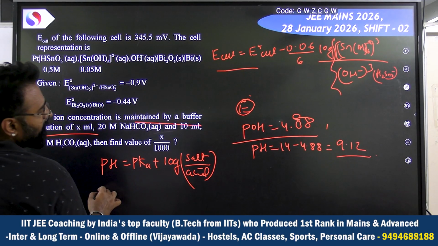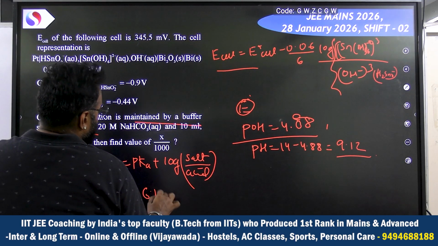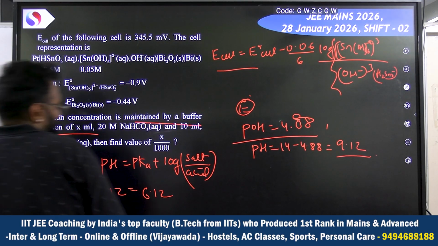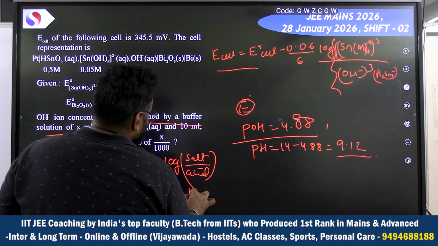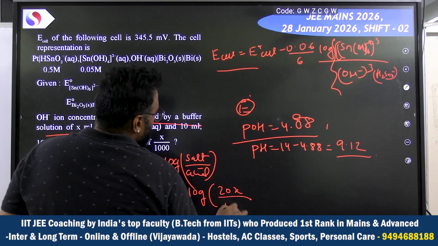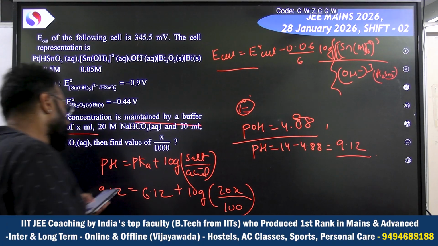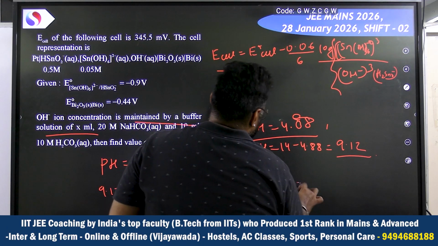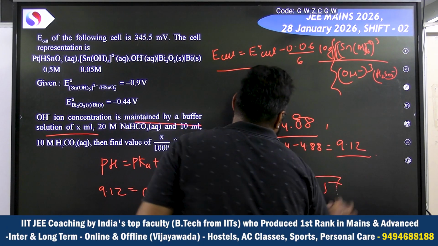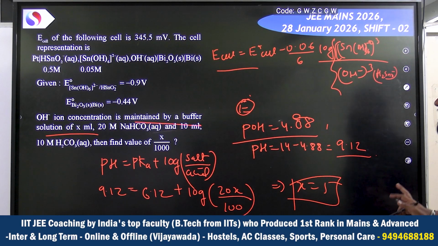So 9.12 is equal to pKa 6.12, I have taken from the calculation, plus log salt is 20x upon acid H2CO3 number of moles 100 millimoles. So on solving this x will be 5 moles.